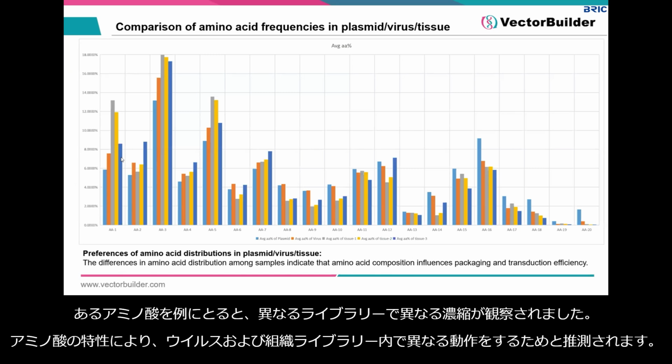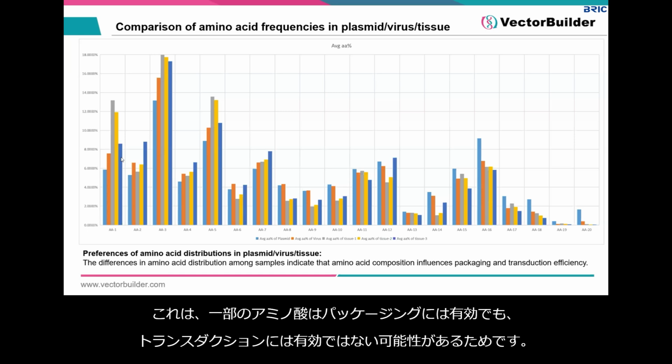We observed a different enrichment in different libraries, and we speculate that due to the different nature or properties of a certain amino acid, it will behave differently in the virus and tissue library, because some of them might be pro-packaging, but not pro-transduction.